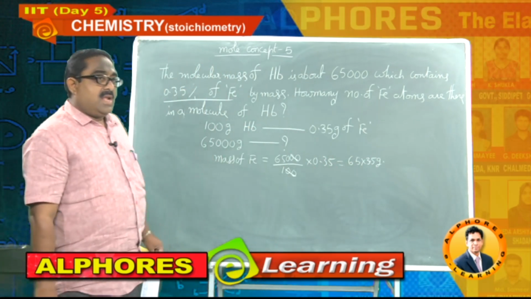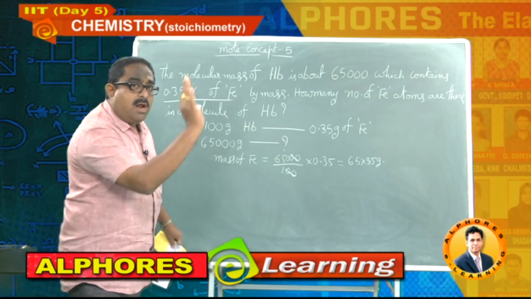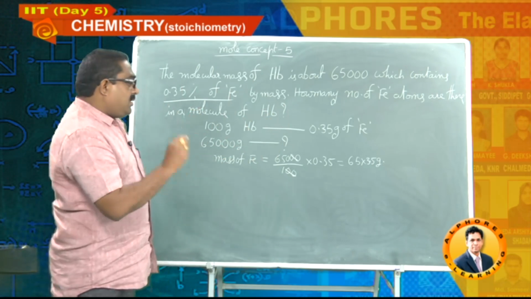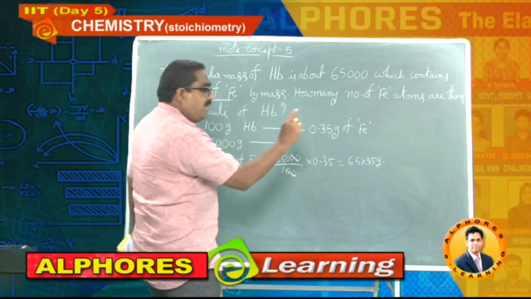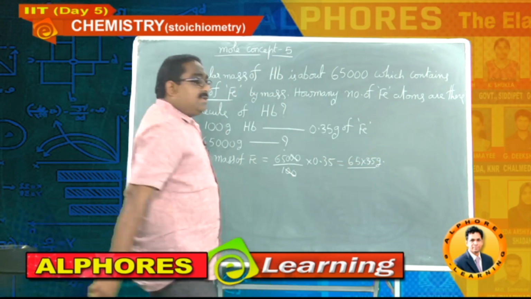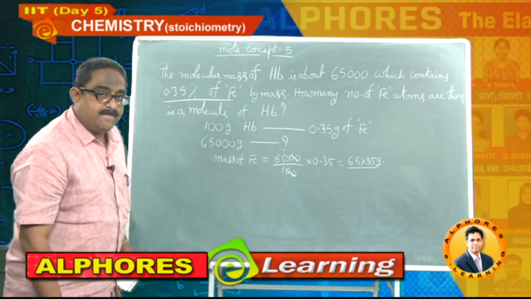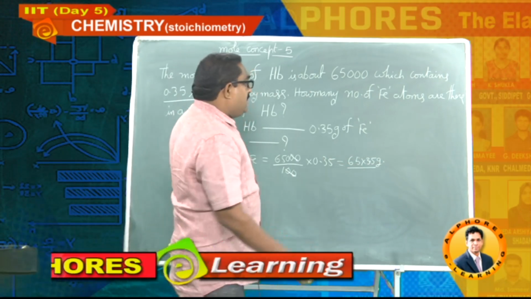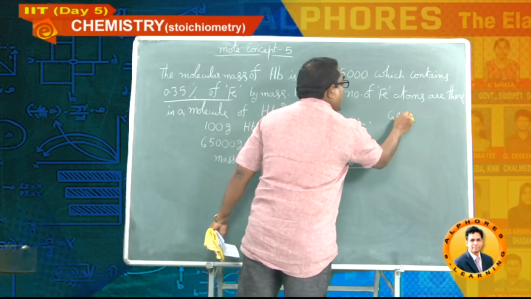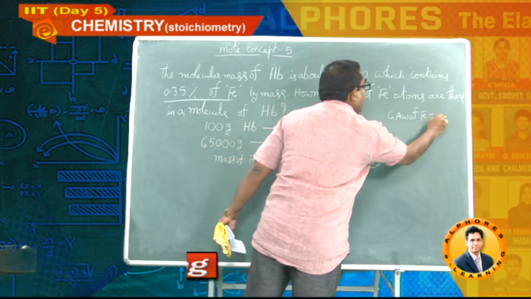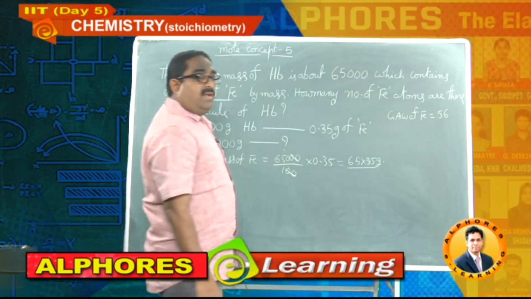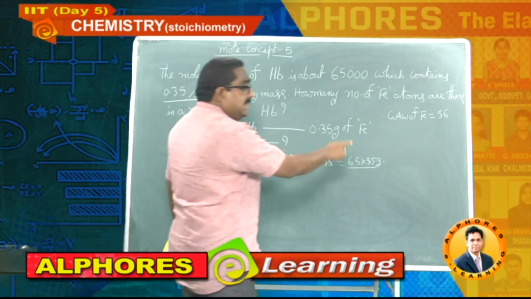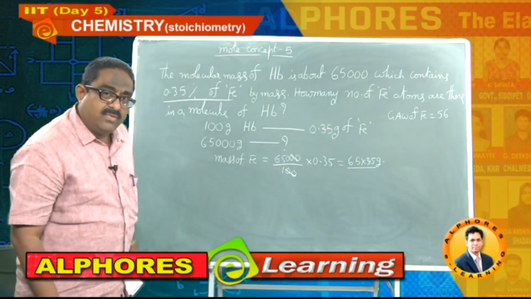Now, out of the molar mass of hemoglobin, I got the total weight of iron as 65 into 3.5 grams. But I know the atomic mass of iron, I am giving here students, atomic mass of iron is equal to 56.